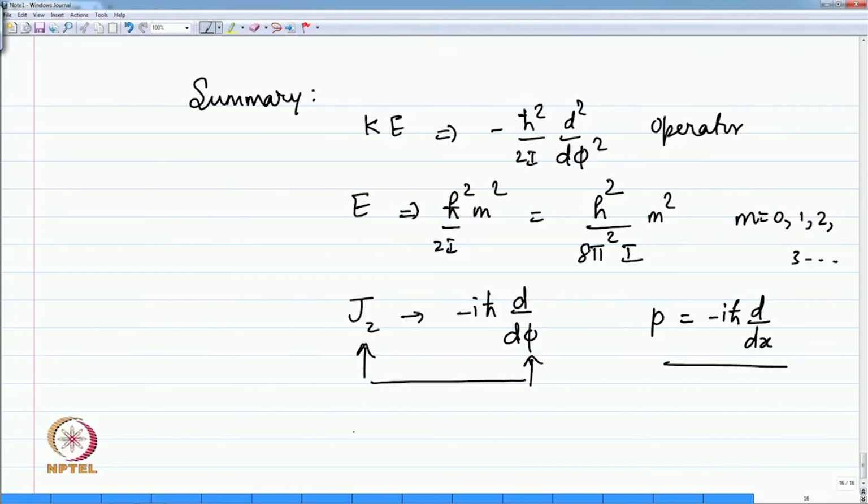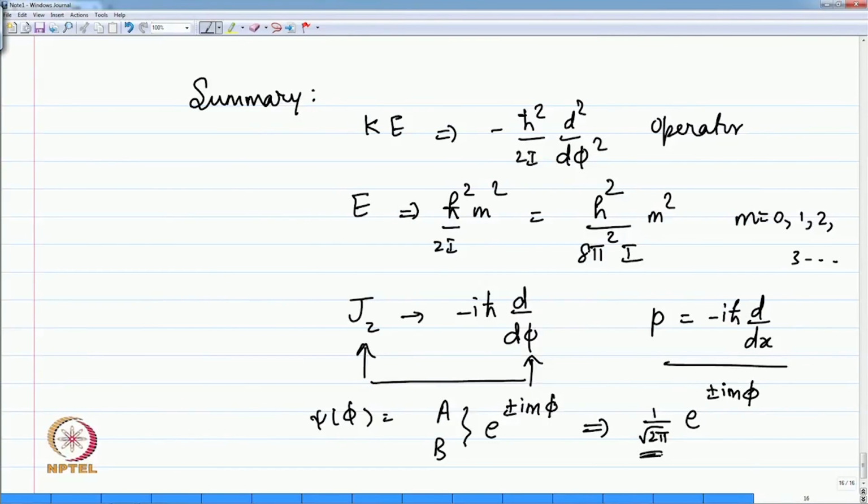And finally, the wave functions are given by a or b, if you want to write e to the plus or minus im phi, with the notation constant a. Essentially, it is 1 by root 2 pi e to the plus or minus im phi, which is the normalization constant.